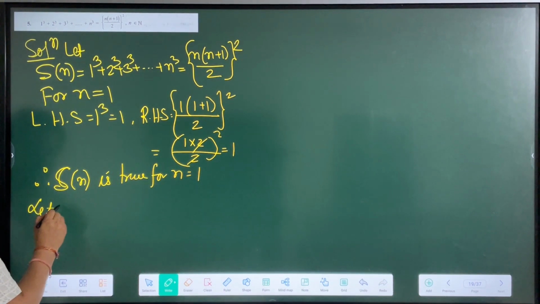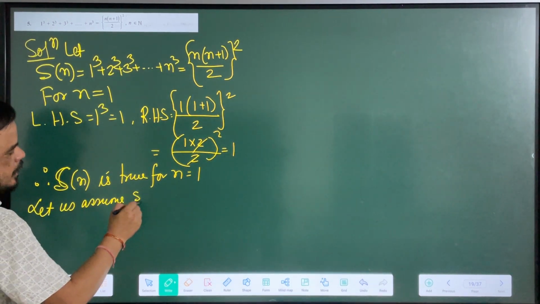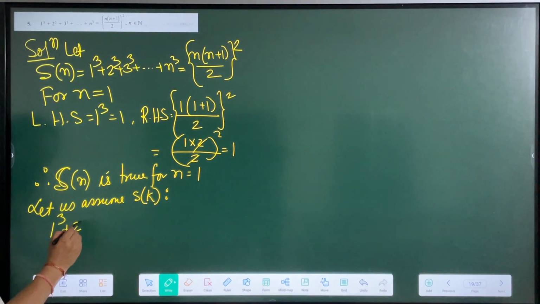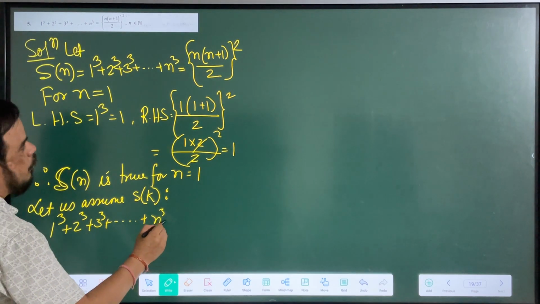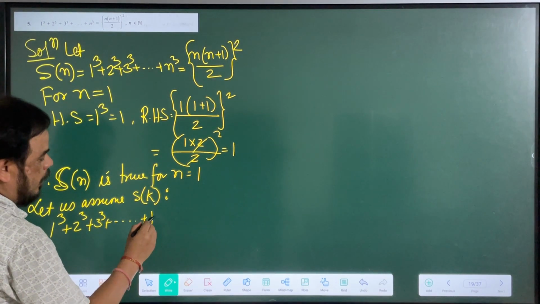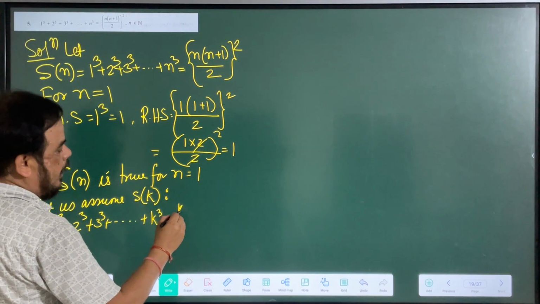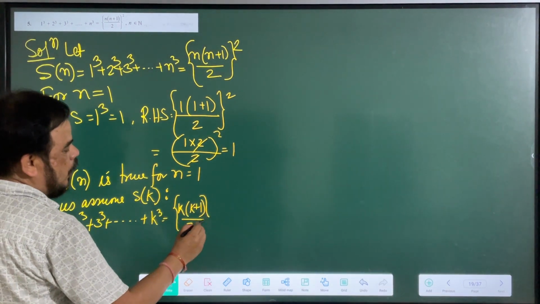Now let us assume Sk: 1 cube, 2 cube, 3 cube plus k cube, sorry, not n cube, k cube, equals k into k plus 1 as a whole square by 2.